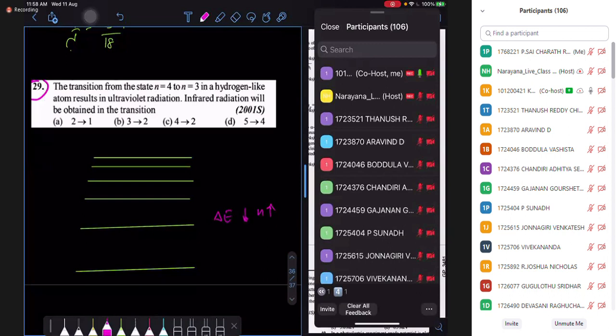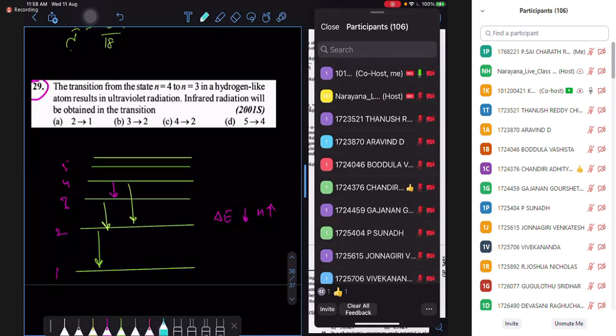So clearly from n equal to 3, if I consider 1 to 2, it has more energy, so it is more ultraviolet. 1 to 2 has higher energy compared to ultraviolet. 3 to 2 also has more energy compared to ultraviolet, so the wavelength is not going to be larger. 4 to 2 is also going to have more energy compared to ultraviolet.